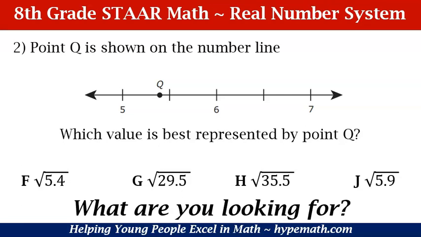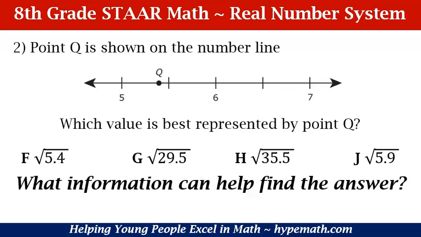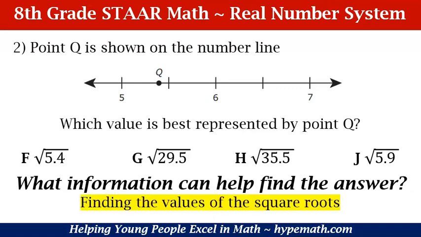What are we looking for? We are looking for the value that is best represented by point Q. What information can help us find the answer? The information that can help us find the answer is finding the values of the square roots of our answer choices, okay?